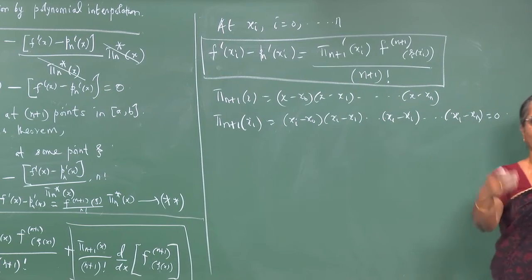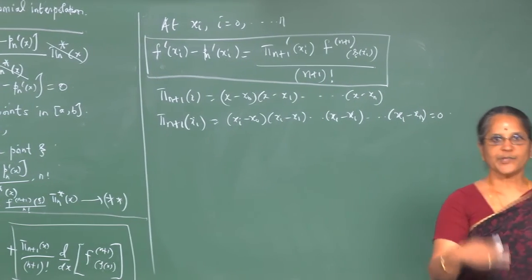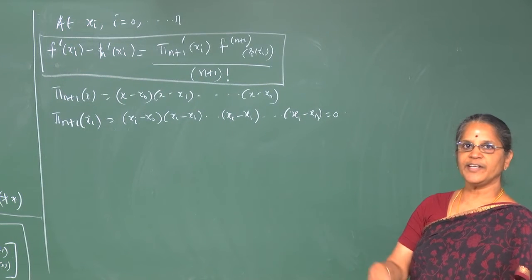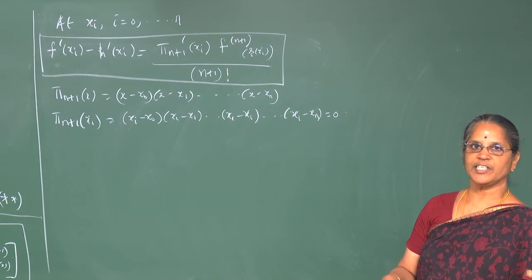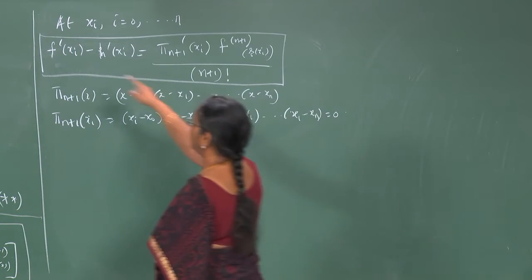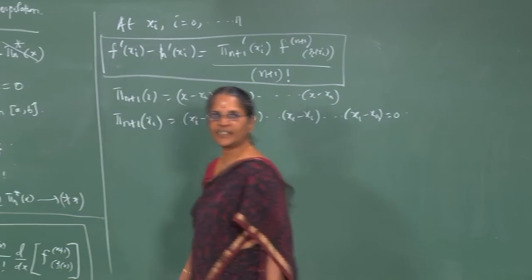So, at the nodes we have an expression by means of which we will be able to obtain an estimate on the approximation that we have made in estimating what f dashed is.